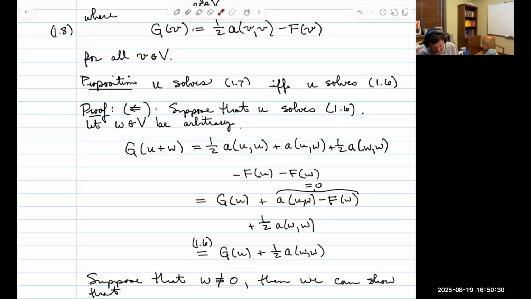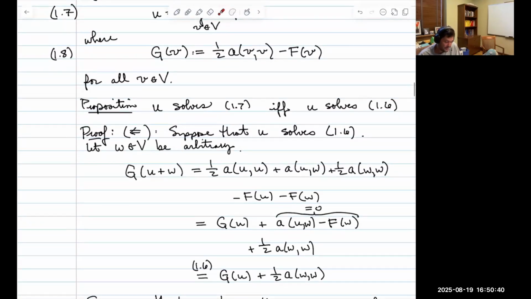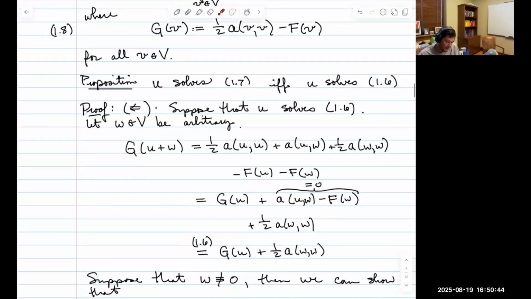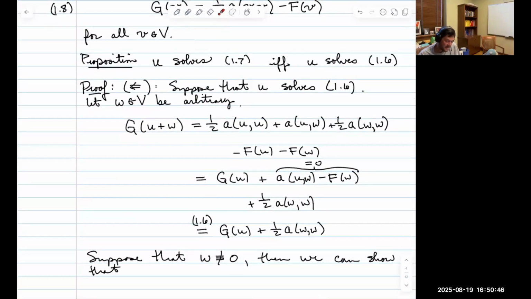That means that it solves the weak formulation. And of course, u is in V, but I hope that that's understood. I think I set it up here. So it's in V and it solves 1.6.